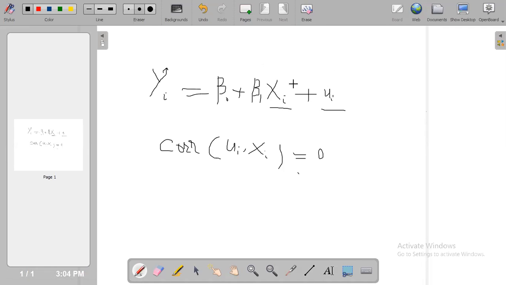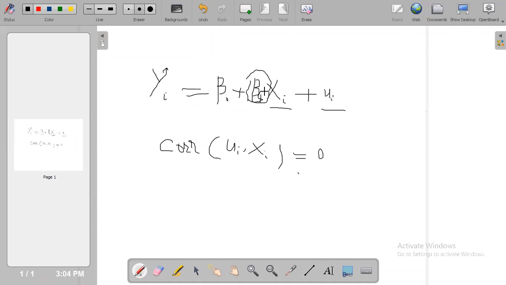In a sense, you are saying that whatever information x is giving you regarding the y variable, and what is that information? Remember, the effect of x on y is given by this particular term, Beta 1. Beta 1 is basically telling you how much x affects y.